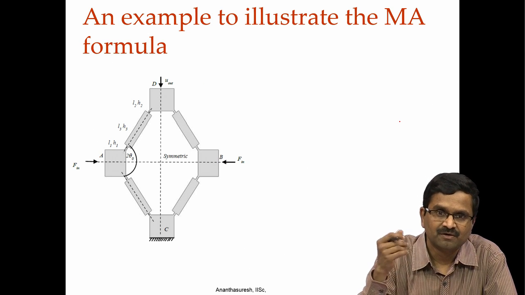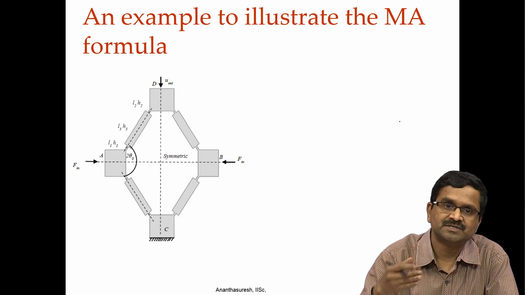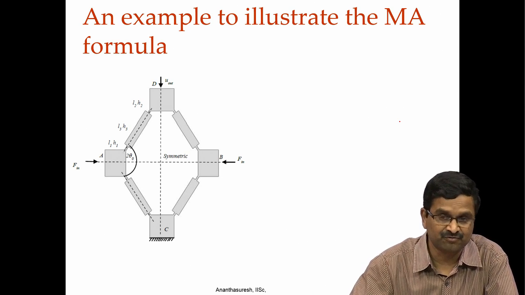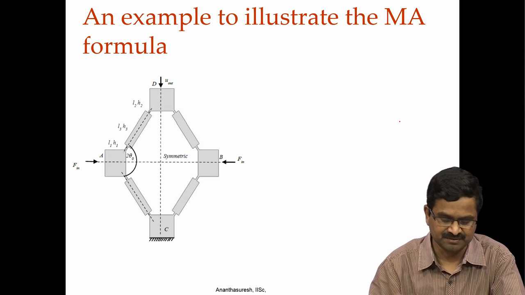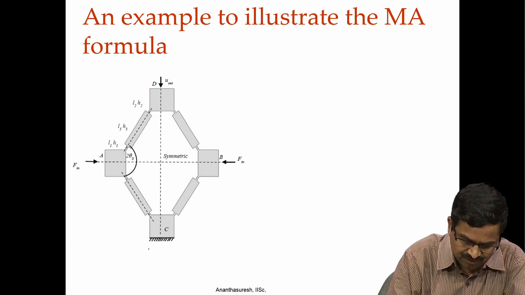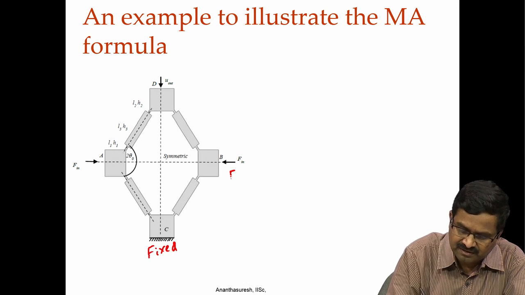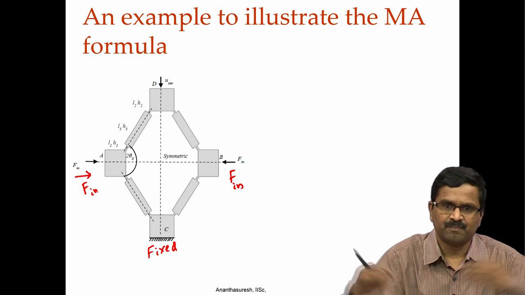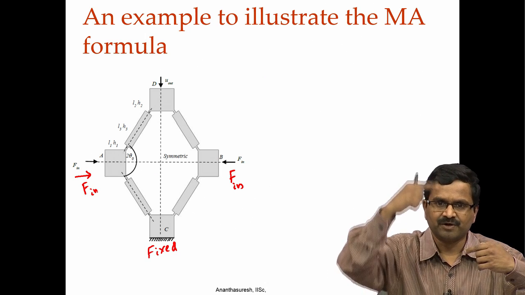It also will be an illustrative example to see how we can evaluate or derive the mechanical advantage formula for a given compliant mechanism. This simple compliant mechanism is fixed at the bottom here, and there is F in here, it is a symmetric one. So, there is F in on both sides, you press like this and the top one goes up.